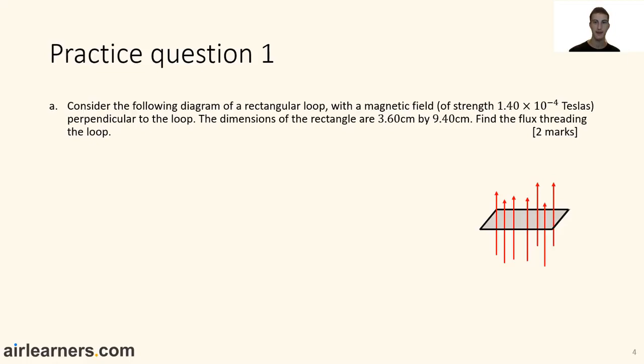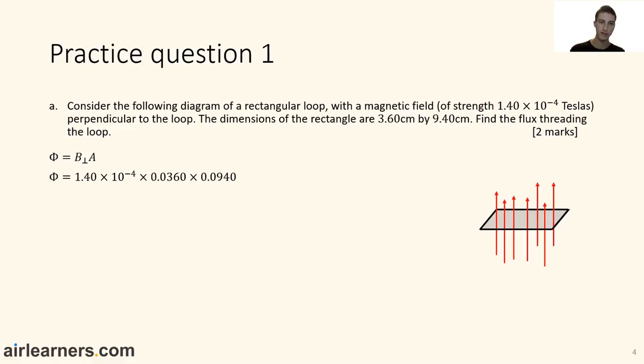All right, now that you've hopefully had a go at that question, what's the answer? Well, we apply literally what we just learnt. Phi is equal to the perpendicular magnetic field multiplied by the area. And we calculate the area because it's a rectangle, it's length times width.